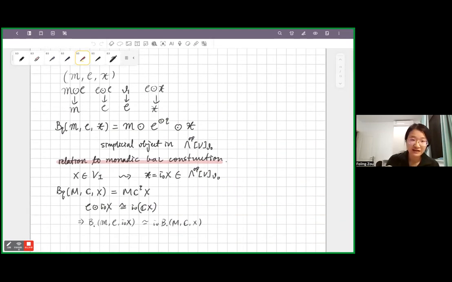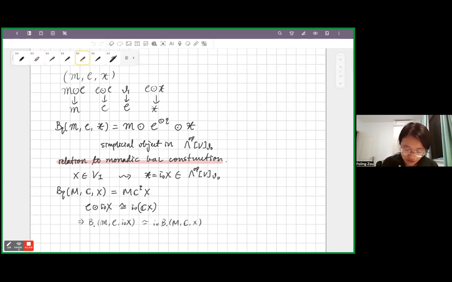Okay, and if we have a monoid, a right module and a left module, we can do the bar construction. So we can have a simplicial object whose q-th level is the dot product of these functors. It is a simplicial object in contravariant lambda sequences.